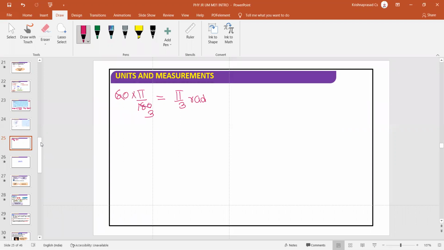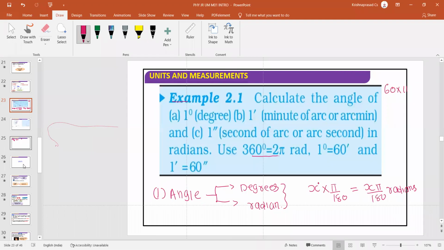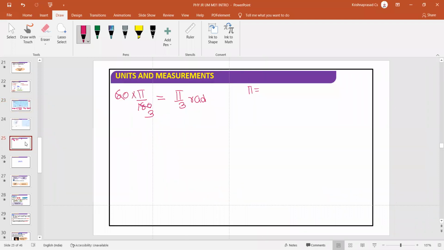So there is another method to check whether the answer is correct or not. Pi rad means, here itself, a relationship is given. 360 degrees equal to 2 pi. Just a minute, where is our slide? 360 degree is equal to 2 pi.